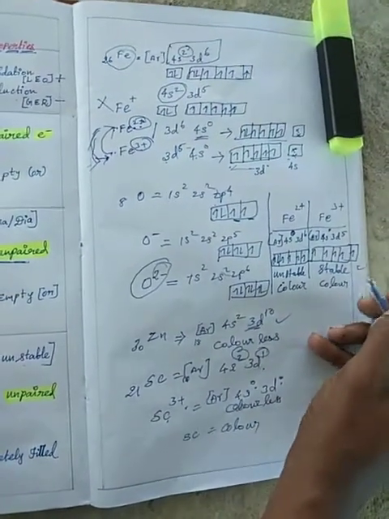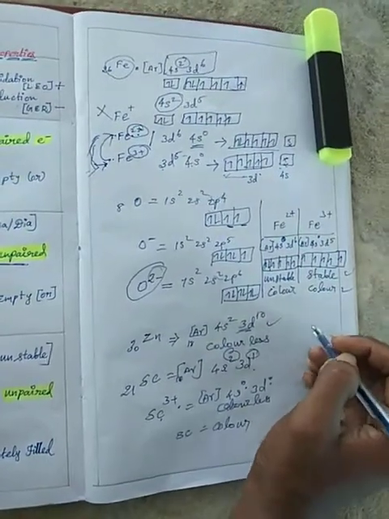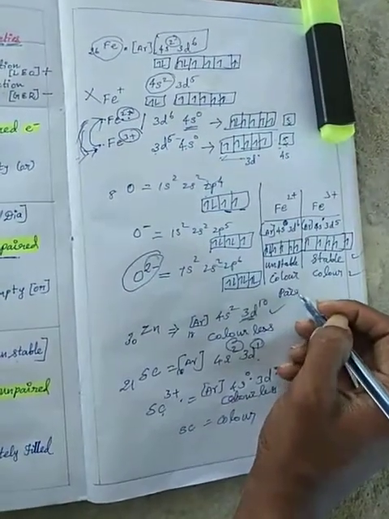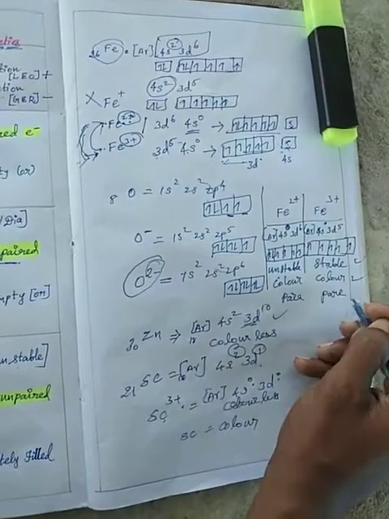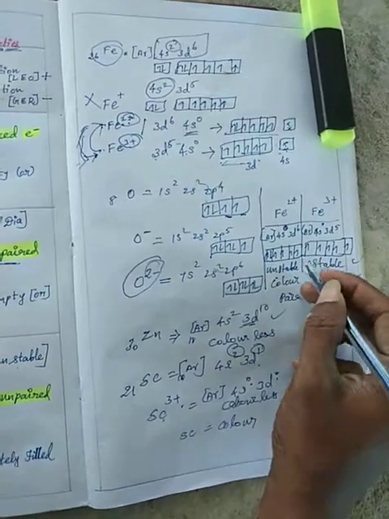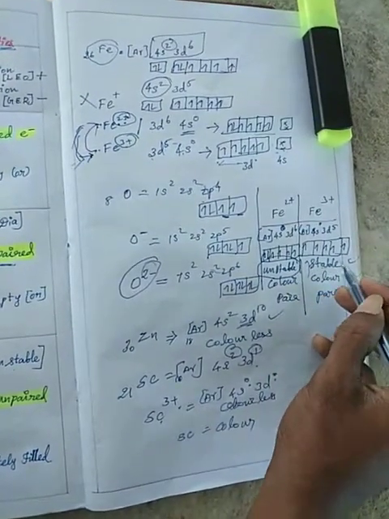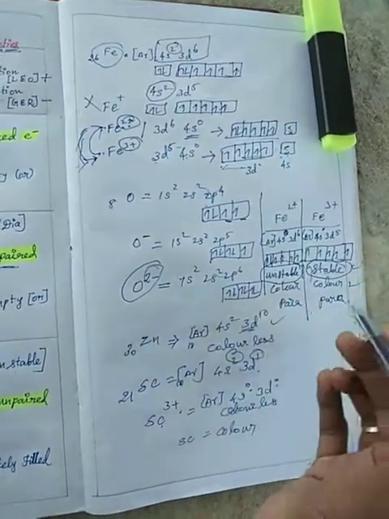So stability is verified, color is verified, and for the magnetic property both have unpaired electrons, so both are paramagnetic and a magnetic moment is present. Where the position changes is unstable versus stable.